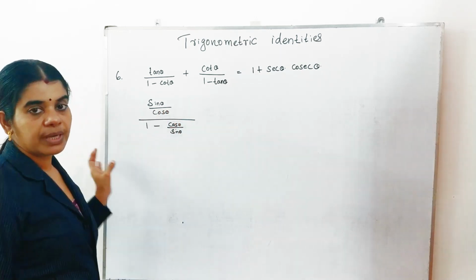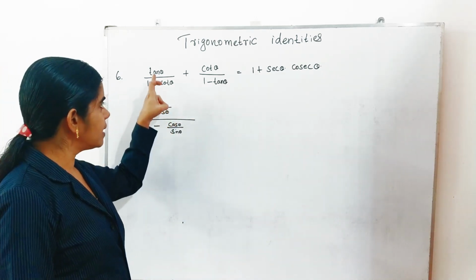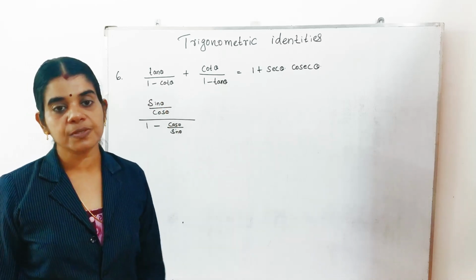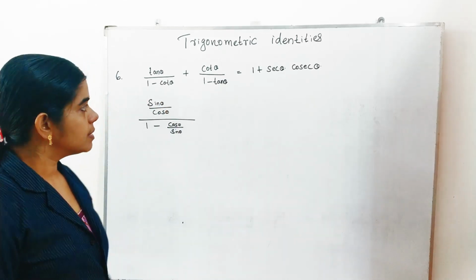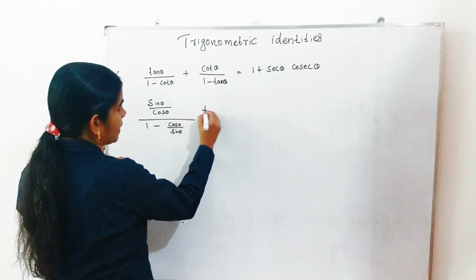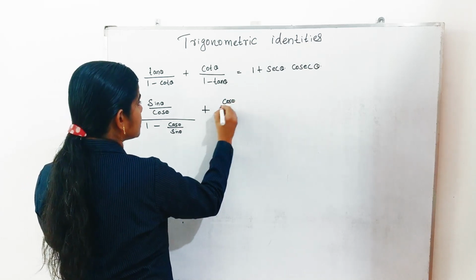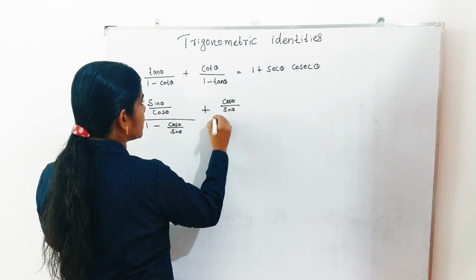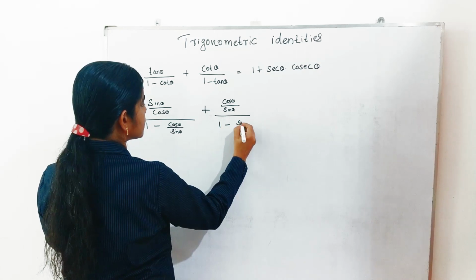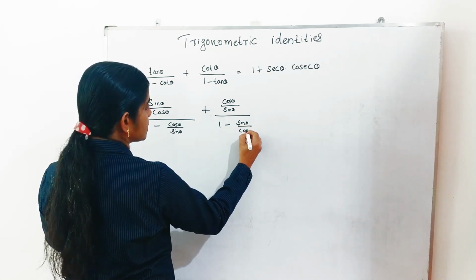In this question we are already given the clue: express tan and cot in terms of sin and cos. So this will be cos theta by sin theta divided by 1 minus sin theta by cos theta.